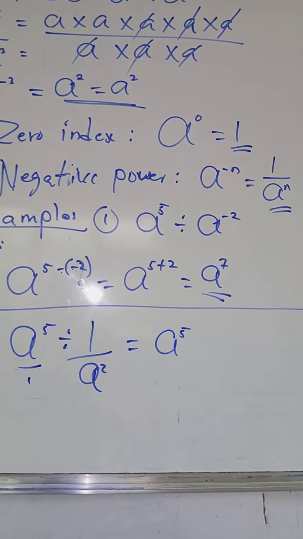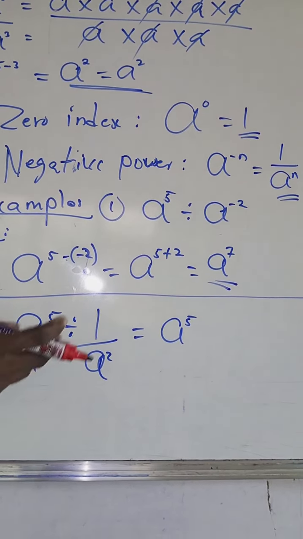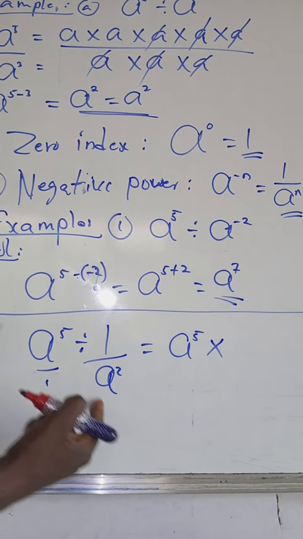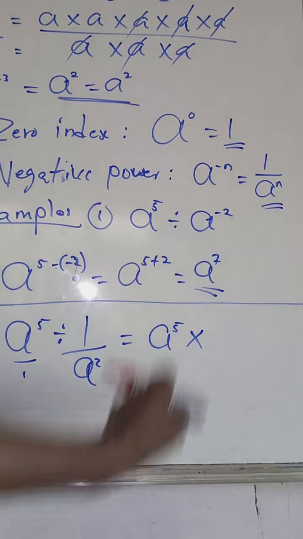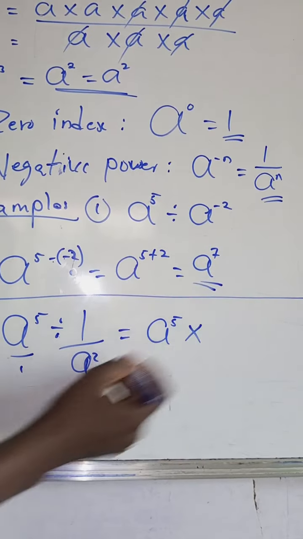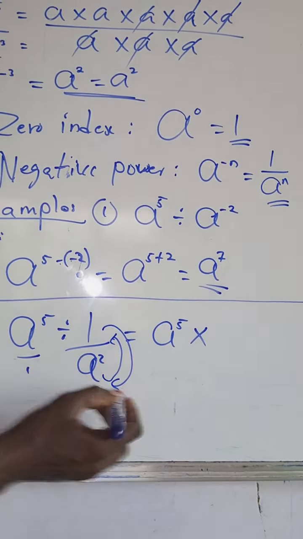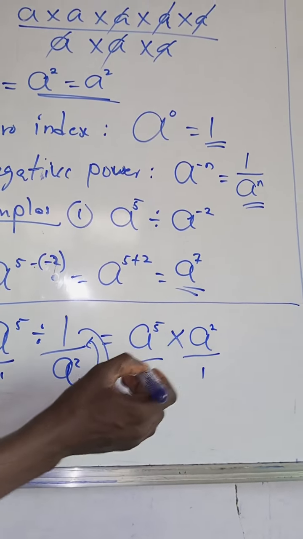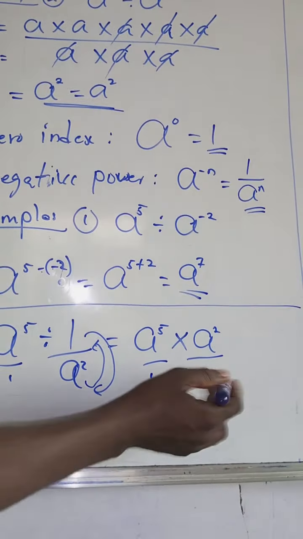Don't forget that this one will be over 1, any number without fraction. And this division will turn to multiplication. Then this one will reciprocate. Reciprocate means this will go up, this will come down when division changes. So a raised to power 2 over 1. So this over 1 doesn't mean anything.